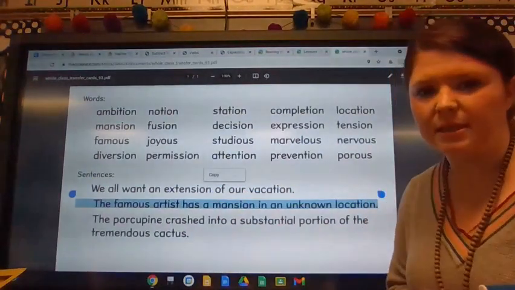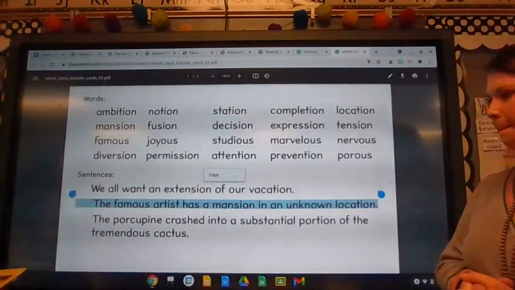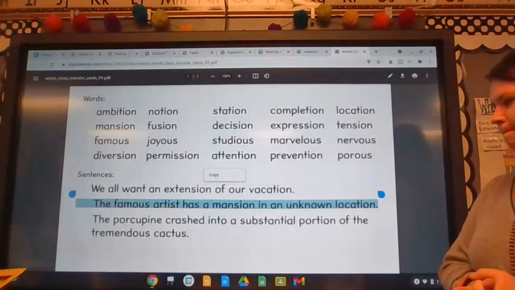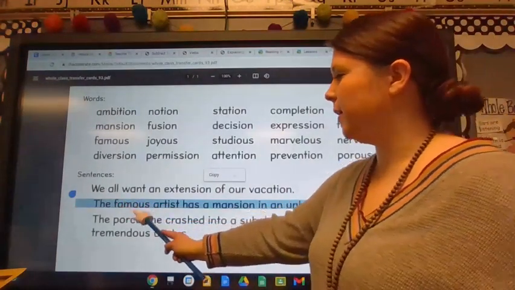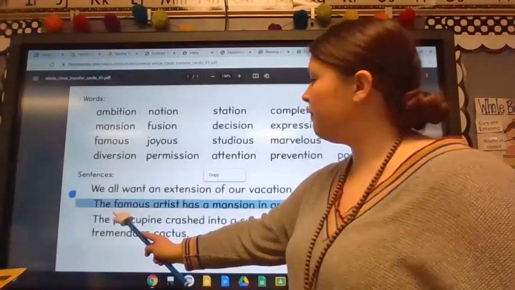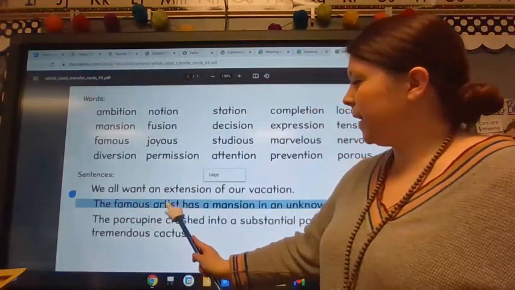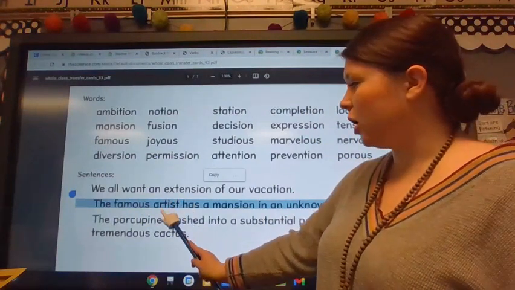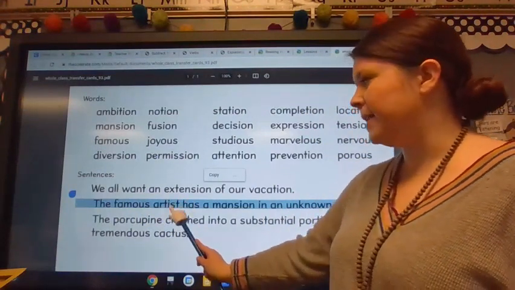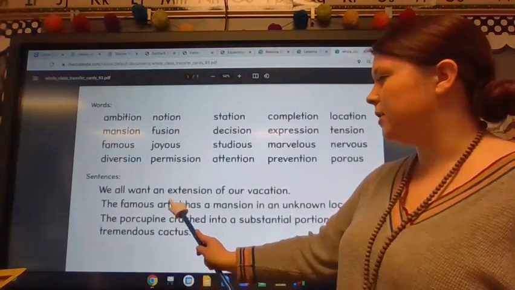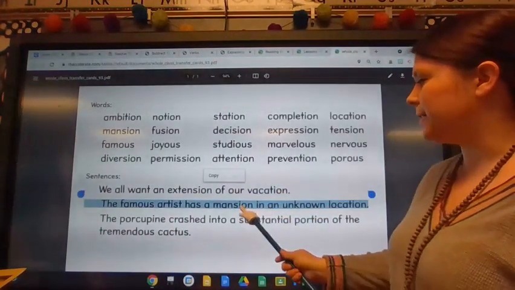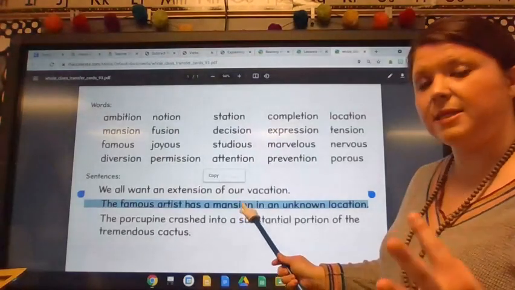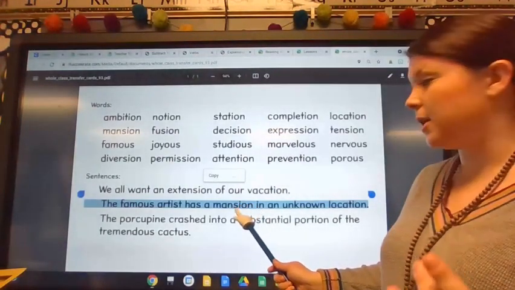All right, go ahead and read sentence number 2. When you're done, give me a thumbs up. All right, let's go ahead and look at some words that have suffixes. Here we have O-U-S, which says us. Famous, famous. Here we have that suffix I-S-T. Artist, artist. That's a noun there. That is the person who does art, okay? All right, let's look at another word that has S-I-O-N on the end, which can say shun or zun.